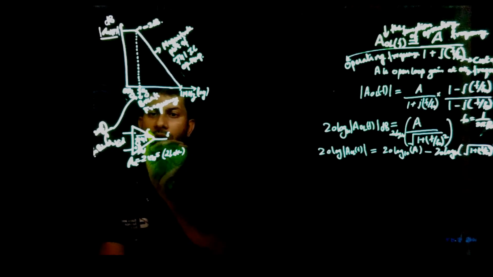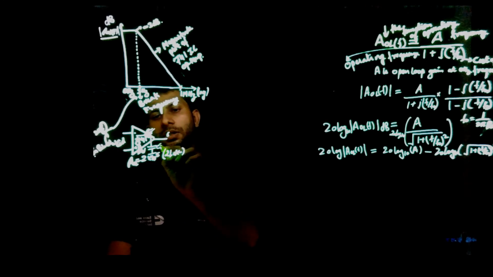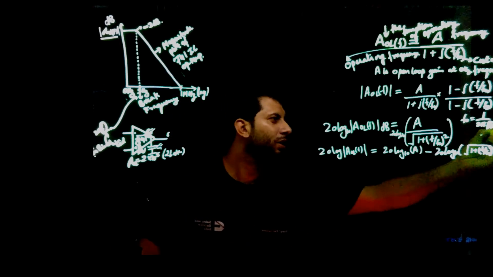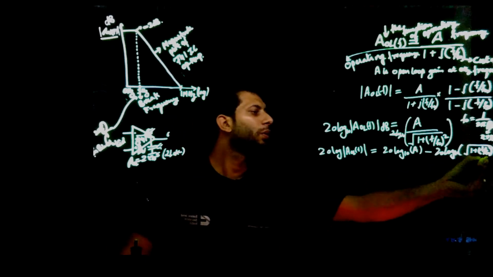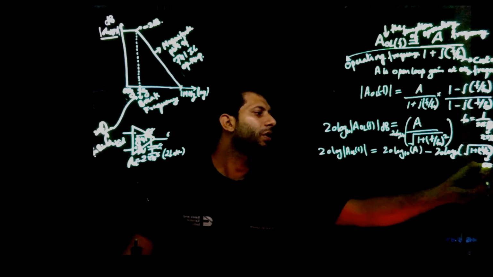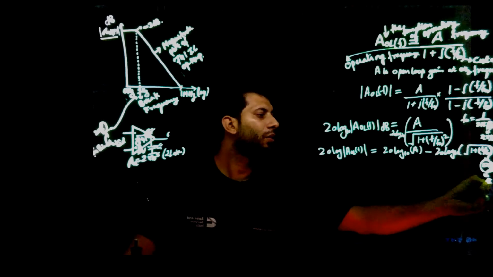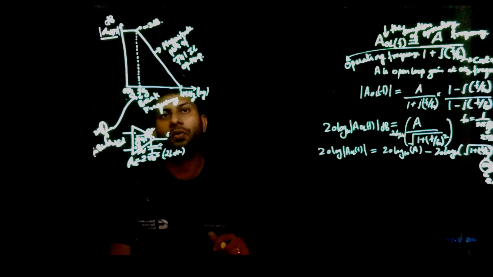Here we have R naught, and inside we have one capacitor C. This R naught and C will give you the cutoff frequency, and this C is approximately 30 picofarad for the case of 741. This will give you 5 Hertz, which is also known as the bandwidth of the open loop 741 op-amp.